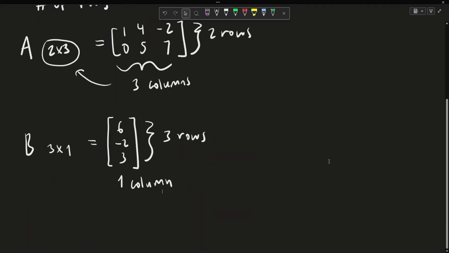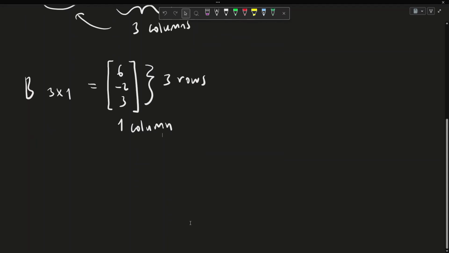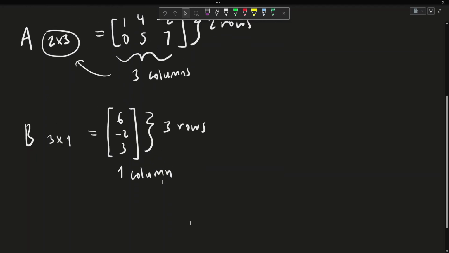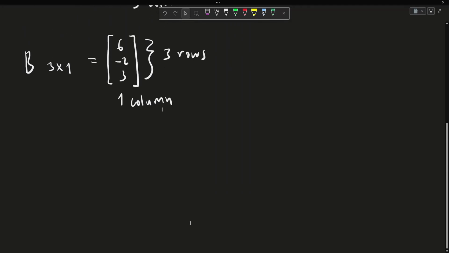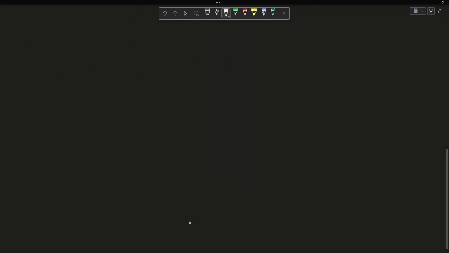This begs the question, how do we refer to each individual entry in the matrices? So let's take the example of matrix A above and just rewrite it down here. So matrix A equals [1, 0, 4; 5, -2, 7].